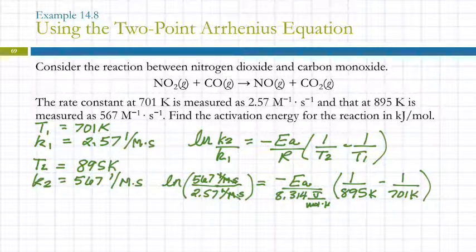So I'm going to do this problem twice. I'm going to do it just in my calculator, and if you've got a TI-36X Pro and you want to follow along, you can try this. Natural log of 567 divided by 2.57, close parentheses. Then I need to multiply by the 8.314, and I need to divide by the quantity, 1 divided by 895 minus 1 divided by 701, and then I need to change the sign.